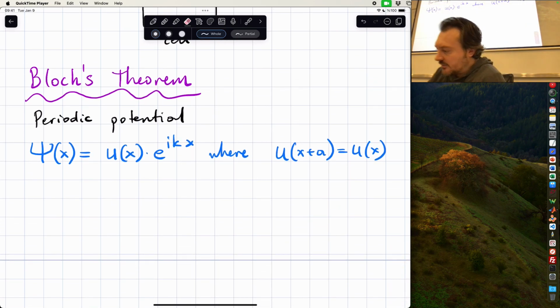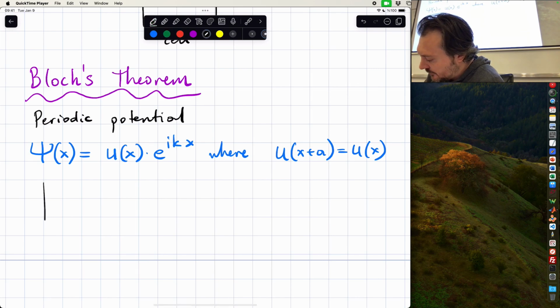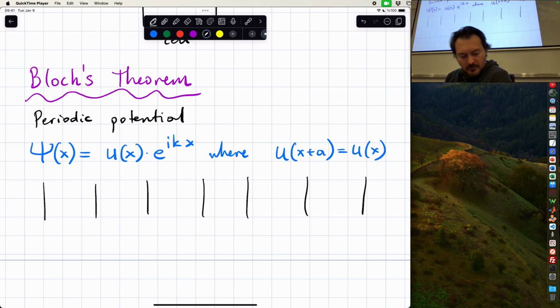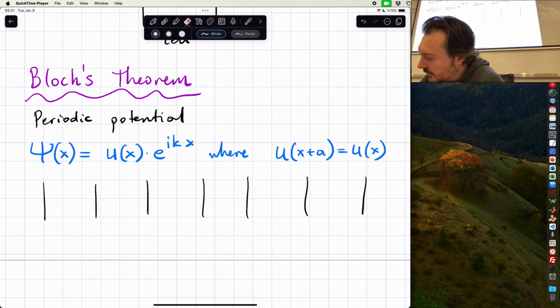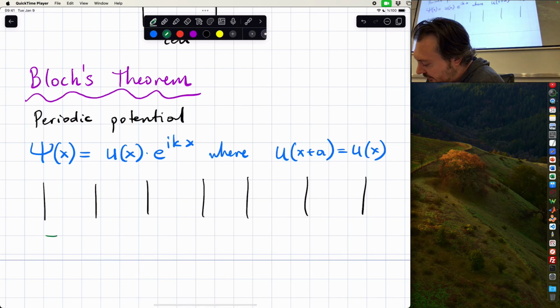The wave function, the total wave function, is composed of two parts. One part of this is a periodic potential, so it could be a periodic solution, something like this maybe.